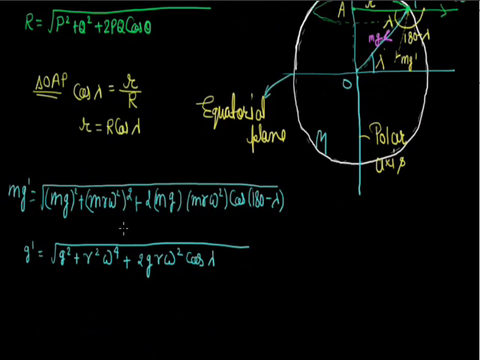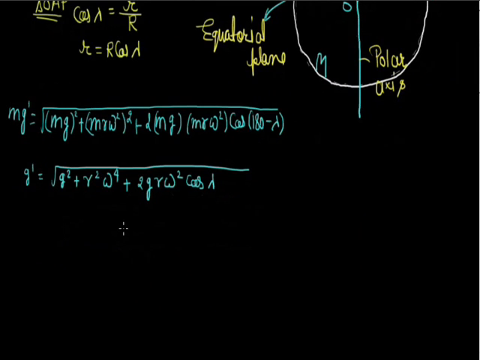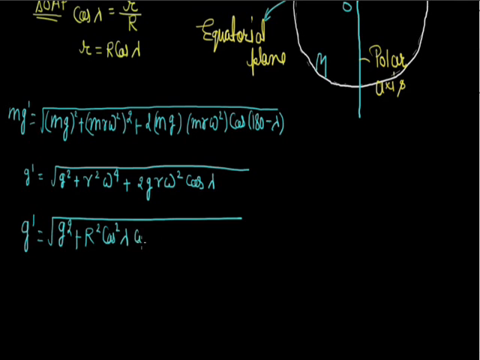By putting this value of small r in the equation for g dash, it will be root of g square plus R square cos square lambda omega to the power 4 plus 2 g R cos lambda omega square cos lambda.